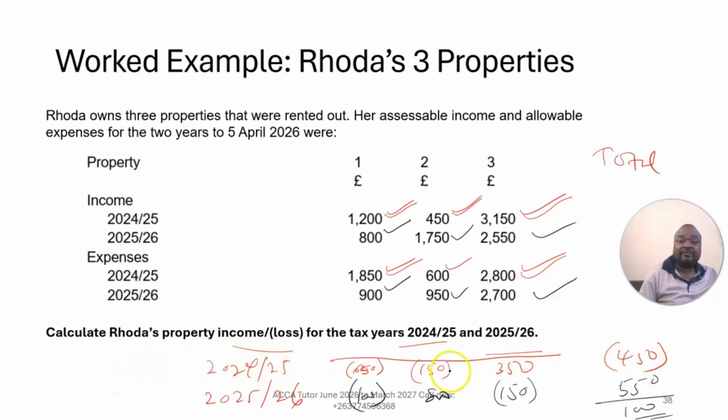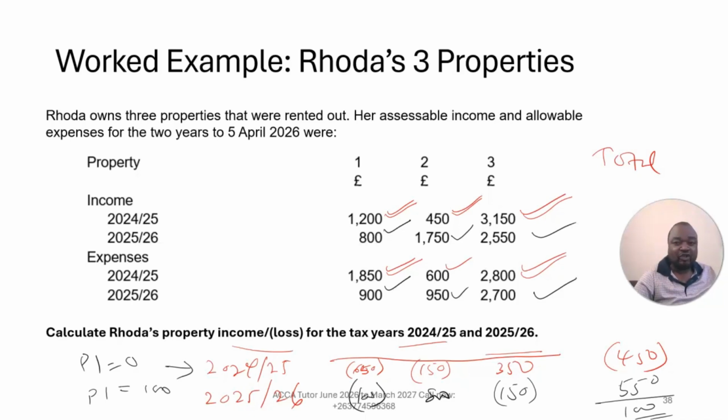The PI was zero for 2024-25, but the PI for 2025-26 is now 100. That's how you treat the losses in the year in which they are sustained. They won't be earned property income, but in subsequent years, all the profits are going to be offset with the previous year's losses.